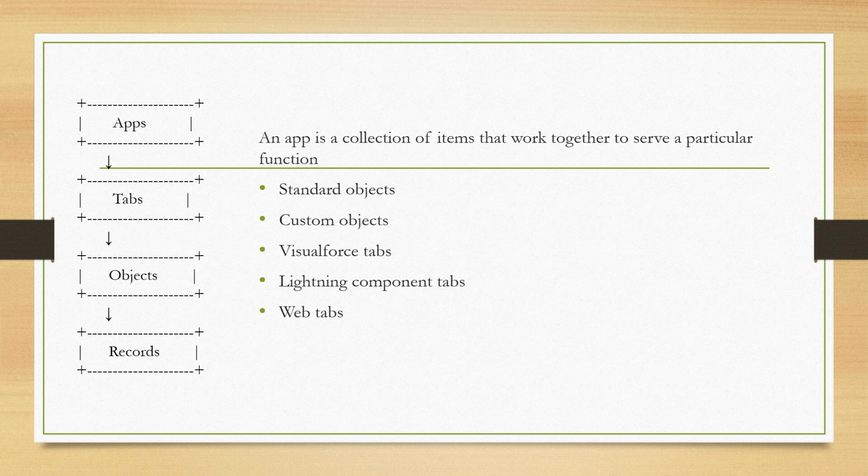Clear? So an app is a collection of items which work together to serve a particular function, and it contains different tabs. A tab can be standard objects or custom objects, Visualforce tabs, Lightning component tabs and web tabs. We are going to see all these in detail.